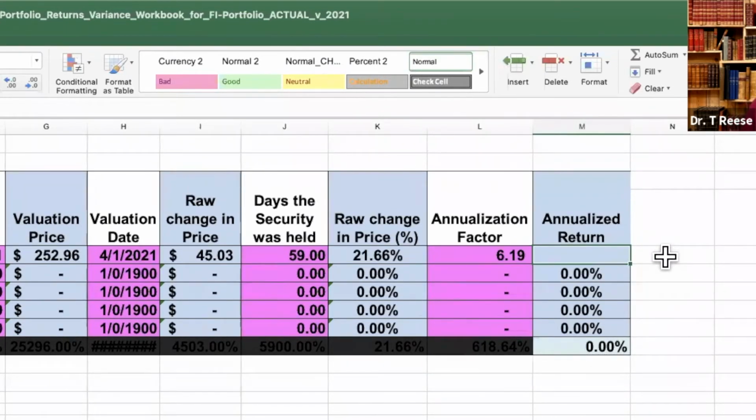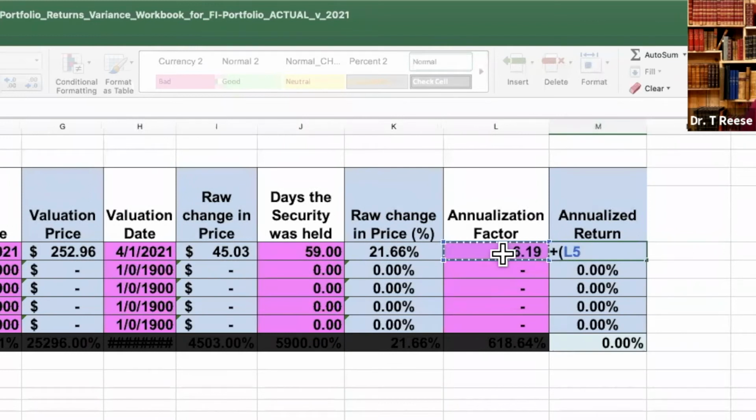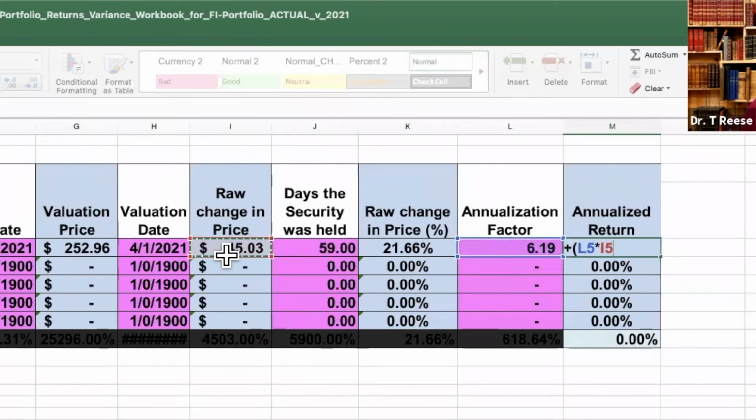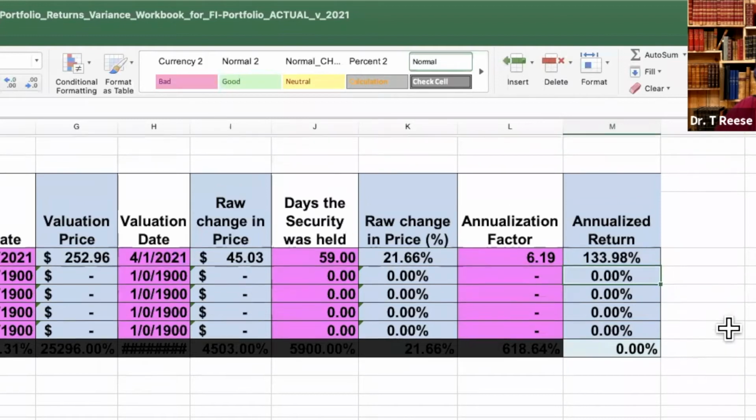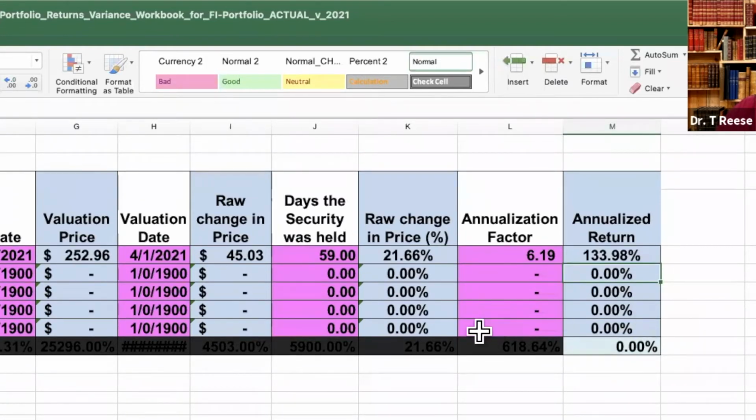So here's the annualization factor times the raw change, and divide all of that by the base price. That gives us the right return. All right, so that gives us 133.98.